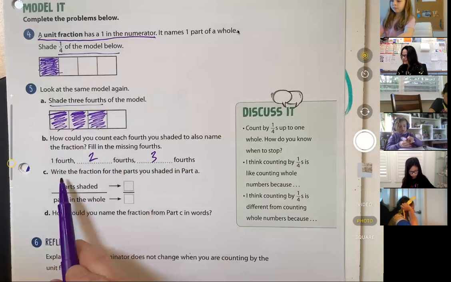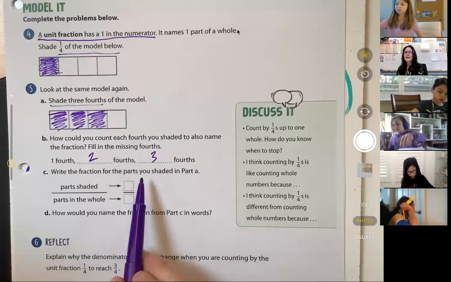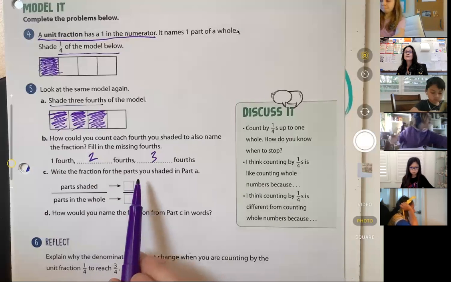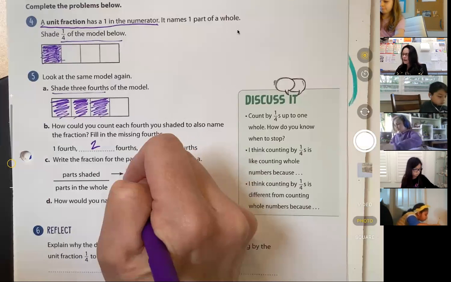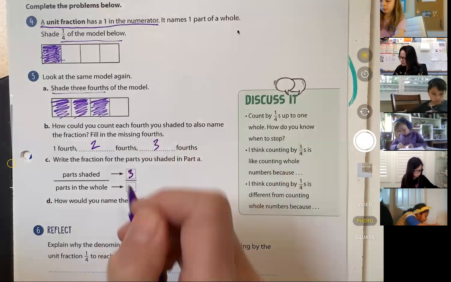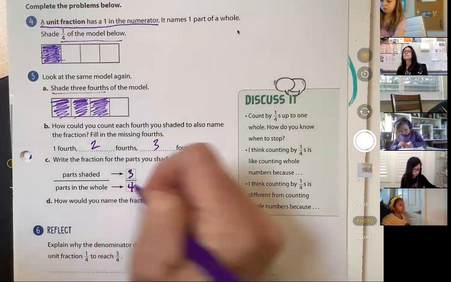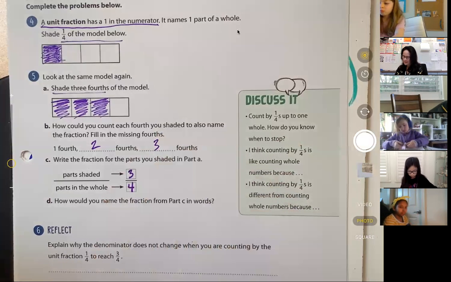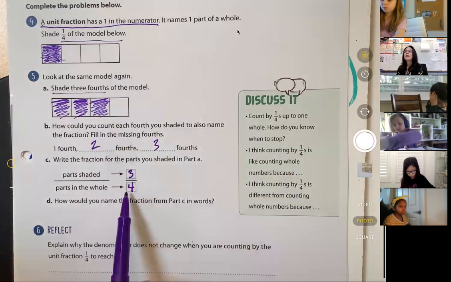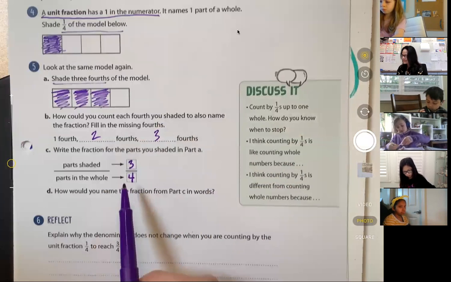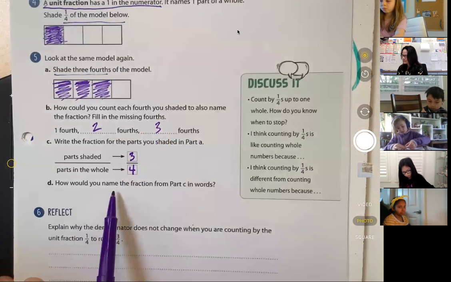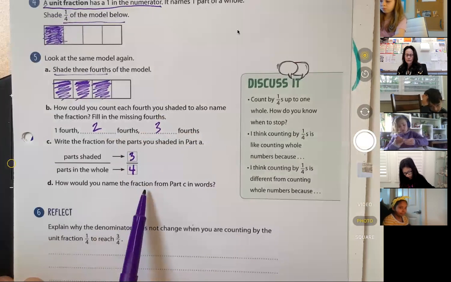And so now it is saying simply to write the fraction that you shaded. So I shaded 3 of the 4 parts. And it's asking us, how would you name the fraction from part C in words?